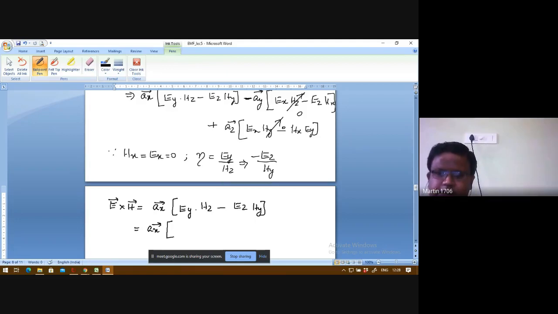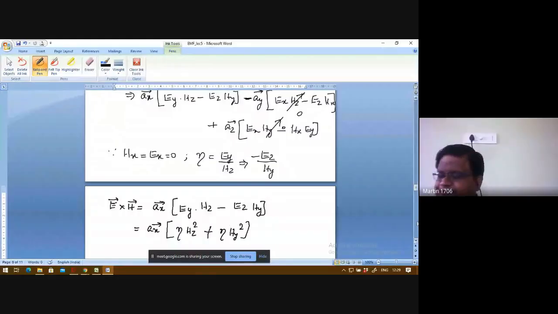Ey is equal to eta into Hz, into Hz, so I will put a square. Similarly, Ez is minus eta into Hy, and already a minus is there, so it becomes eta into Hy squared. So this becomes like this. Now you take the common factor outside, and you will get the common factors like this.